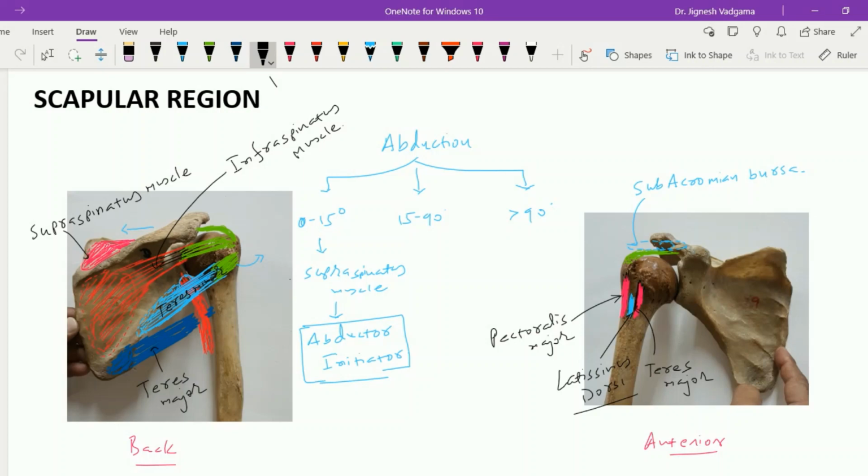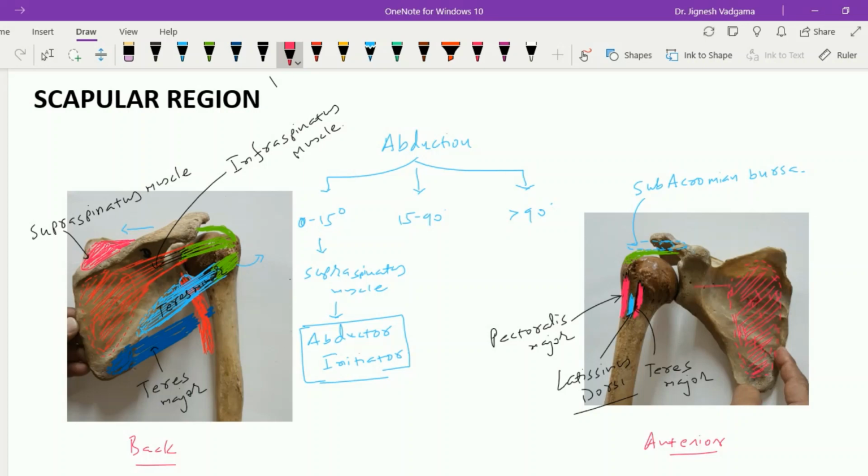When we see the anterior aspect of the scapular region, we can find one more muscle. This muscle arises from the subscapular fossa, from its medial two-third part, and it is a multipennate muscle.